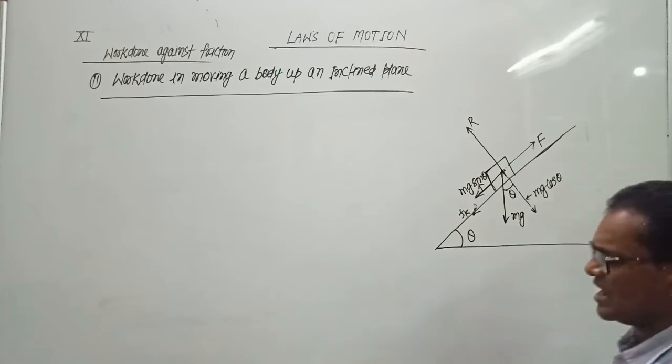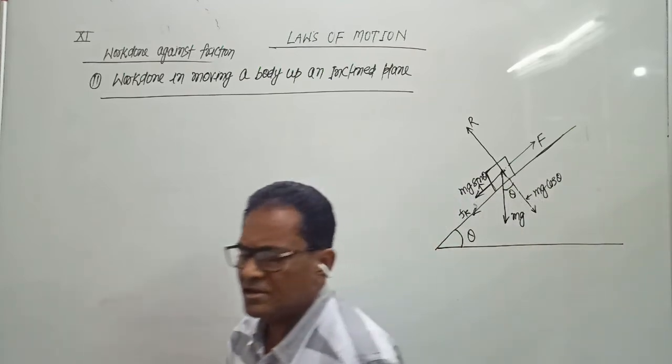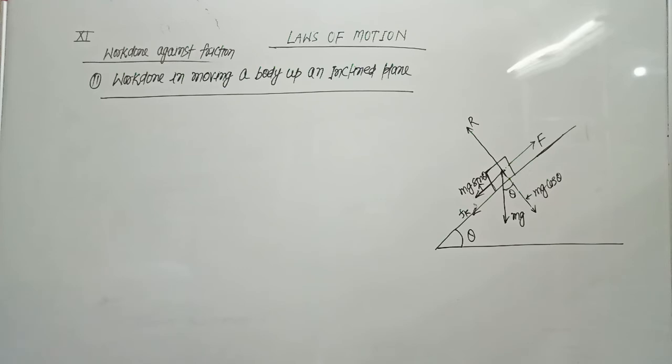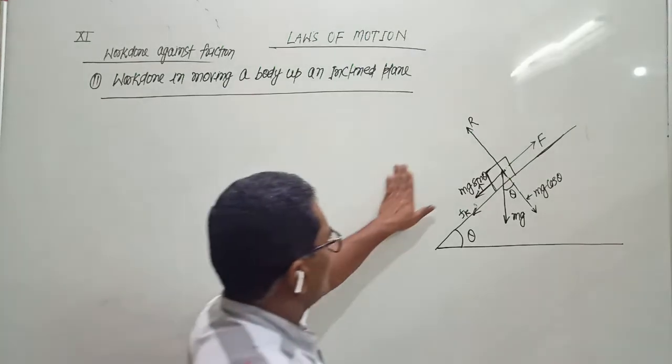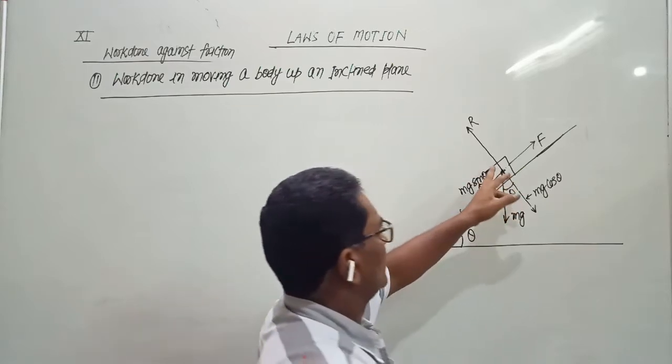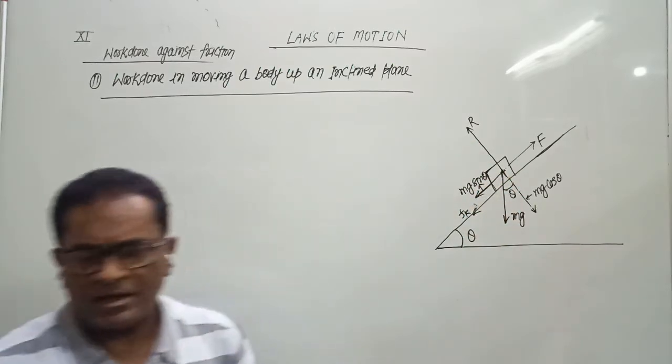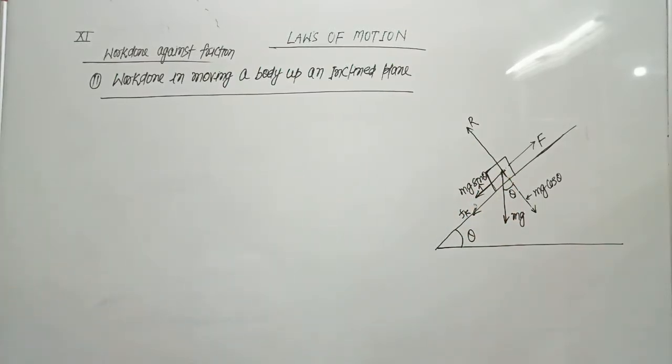mg cos theta and mg sin theta, these are the two components of mg. Now we resolve these forces. In the upward direction, the force is the normal reaction.